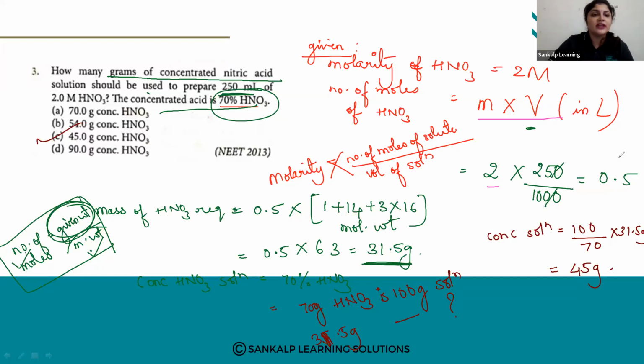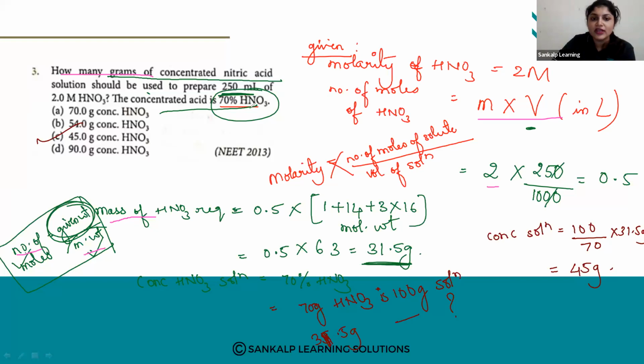Next step, they have asked us the mass of HNO3 required, how many grams. Number of moles is given weight upon molecular weight. We know the number of moles and the molecular weight, so mass of HNO3 required equals number of moles into molecular weight. Number of moles is 0.5.